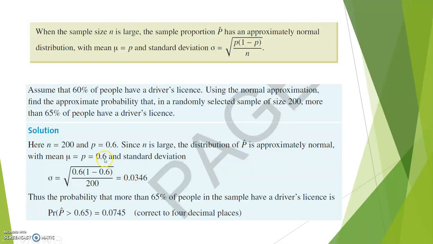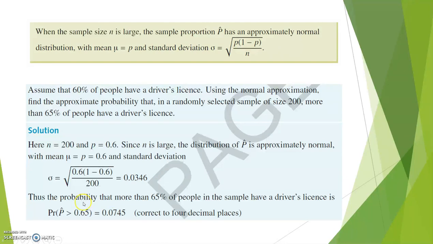We're going to use a mean of 0.6, and we're going to use 0.6 to find the standard deviation. We're going to multiply 0.6 by 1 minus 0.6 and divide it by the sample size, 200. We get a standard deviation of 0.0346.